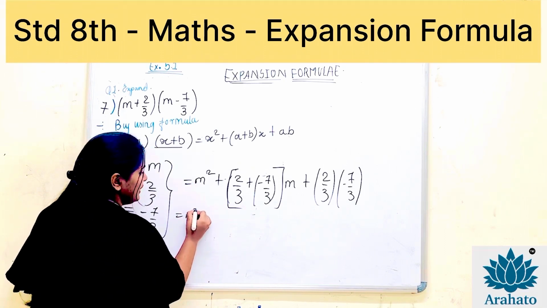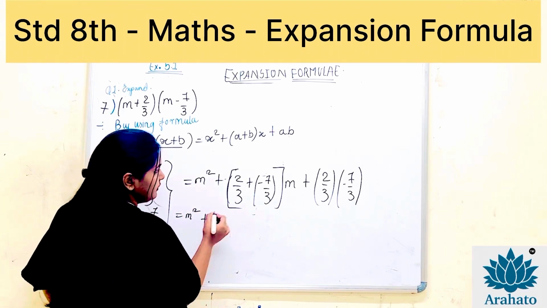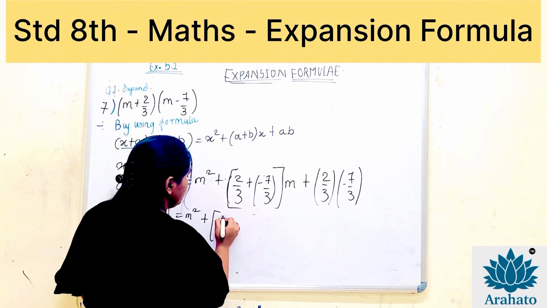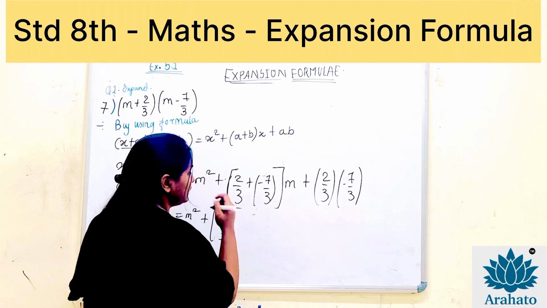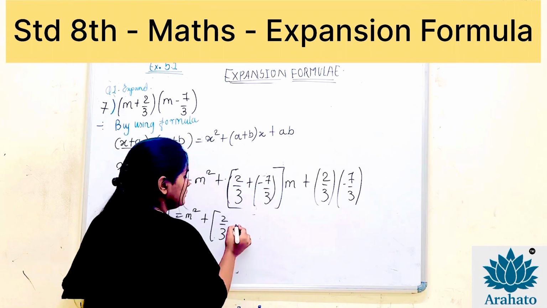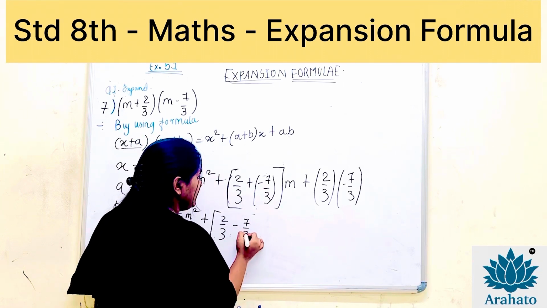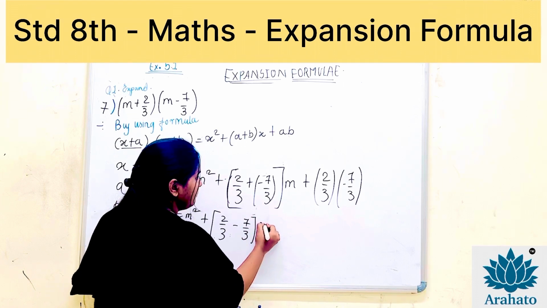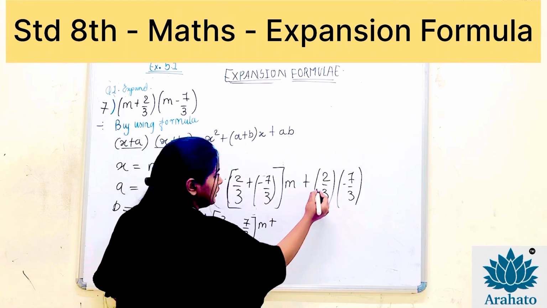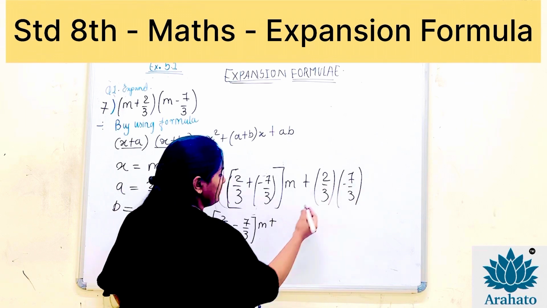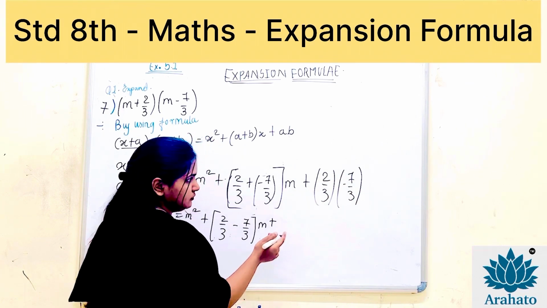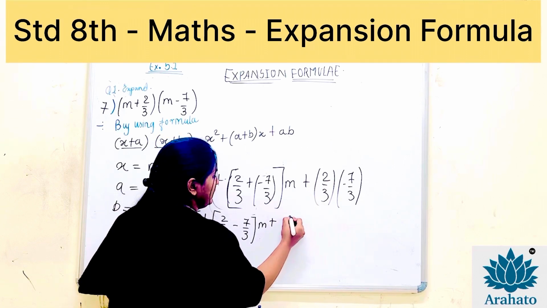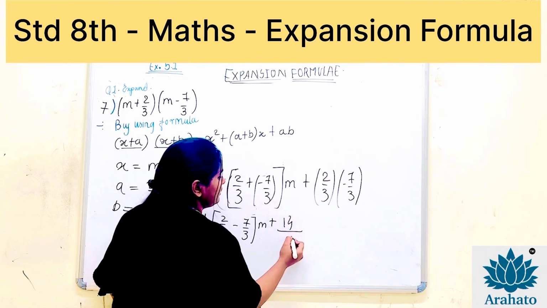m square will be m square as it is, plus 2 by 3. Solve the plus minus first. Plus into minus will be minus 7 by 3. So m plus 2 by 3 and 7 by 3. Now multiply this. 2 sevens will be 14, 3 3s will be 9.